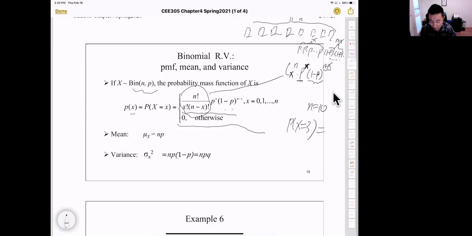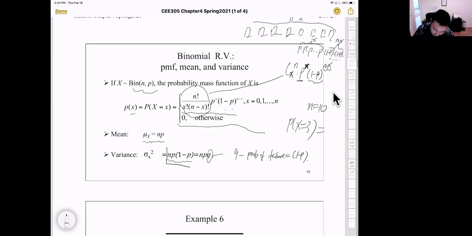The mean value for a binomial distribution is equal to np, and the variance is equal to np times 1 minus p. Here it says npq, which doesn't really matter because q is the probability of failure, which is equal to 1 minus p.